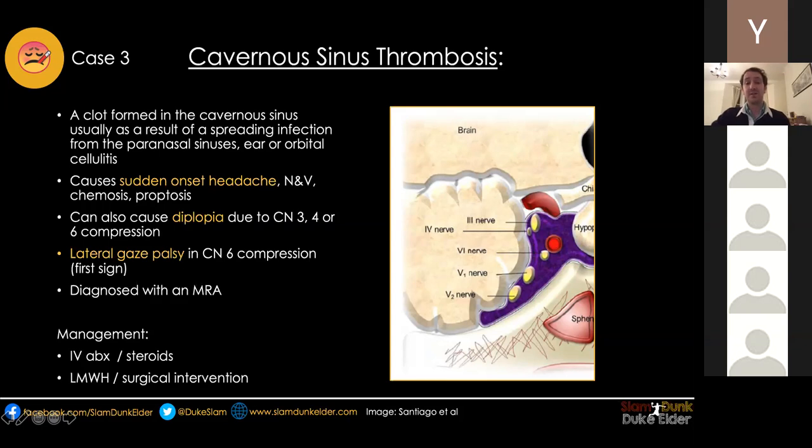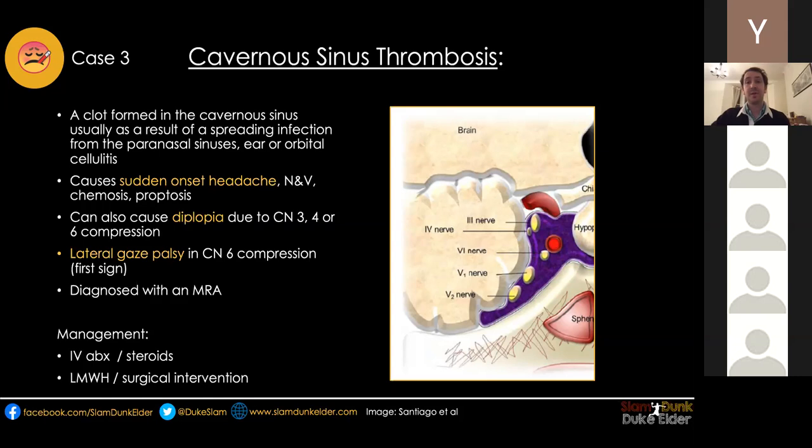The investigation for this is an MRA, so this is an angiogram MRI. You'll be able to visualize the cavernous sinus thrombosis there. We treat this with IV antibiotics if it's caused by an infection, and you can treat it with low molecular weight heparin or surgical intervention.